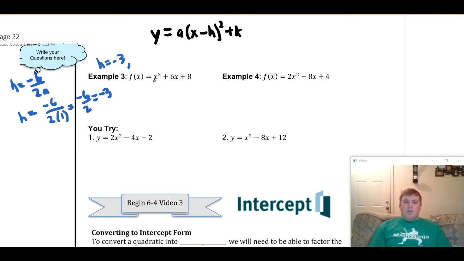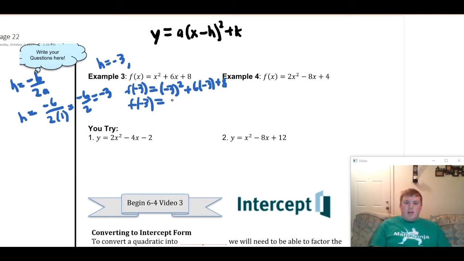And now I'm going to find the k value. I'm going to do that by plugging that h value into our original equation. So everywhere I saw an x, I'm going to replace it with that negative 3 we found. So the next thing I'm going to do is follow my order of operations, just like we were doing before.